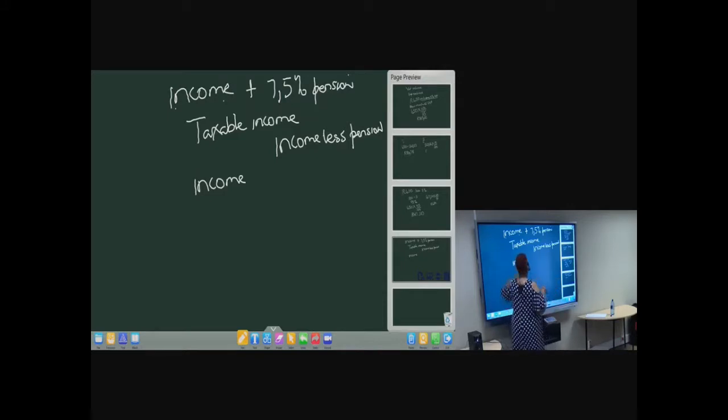So to get a taxable income from an income which was including pension, you will just have your income multiplied by 92.5%, which is 92.5 over 100. Okay?